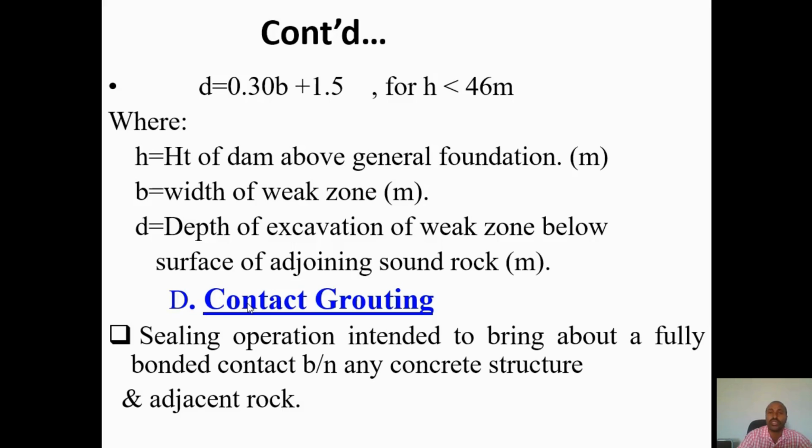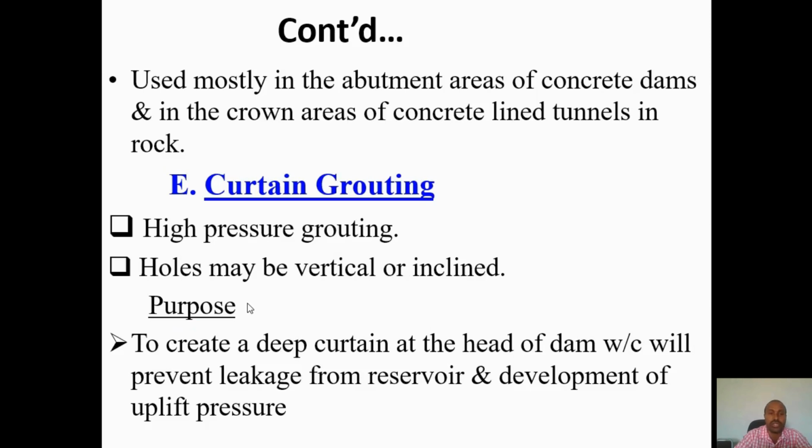So how can you make this concrete structure and rock bonded together? Contact grouting can be applied, between the rock formation and the concrete structure and adjacent rock. You can bond them together and use it mostly in the abutment areas on the side, right and left bank of the river, abutment areas of concrete dams, and in the crown areas of concrete lined tunnels in the rock.